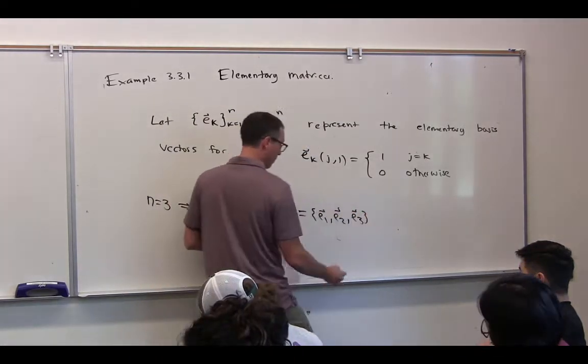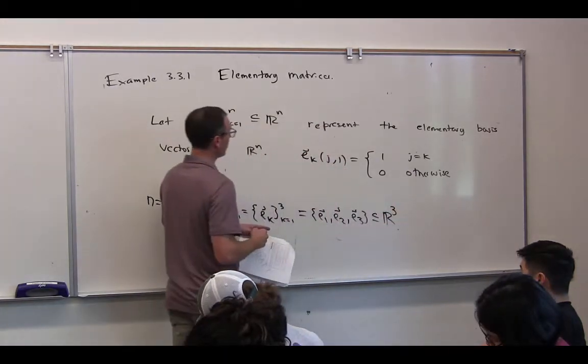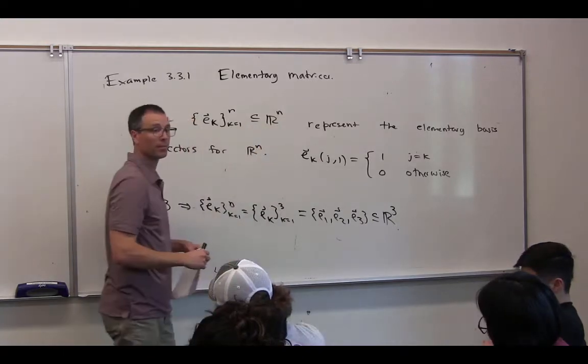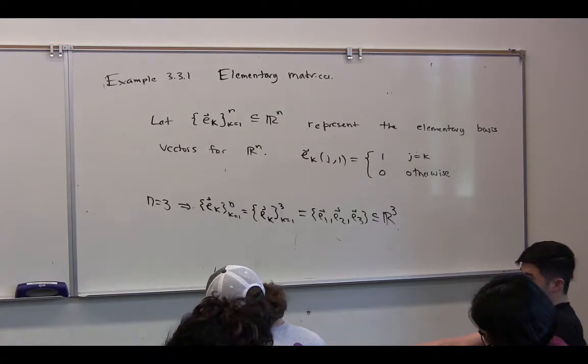How many do we have? 3 of them. What size are they? R3. Okay. Now let's take a look at the entry by entry definition of each of these.